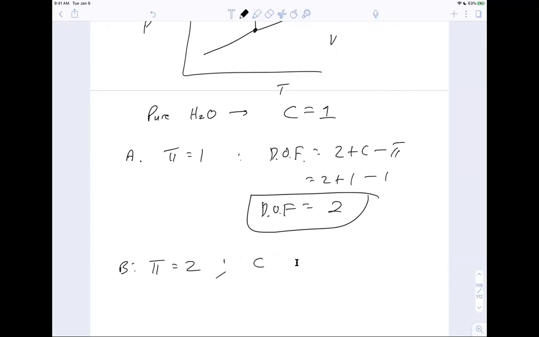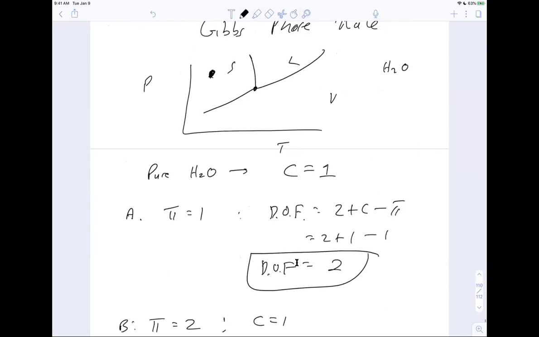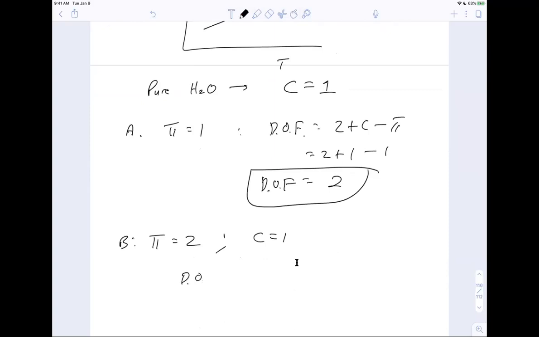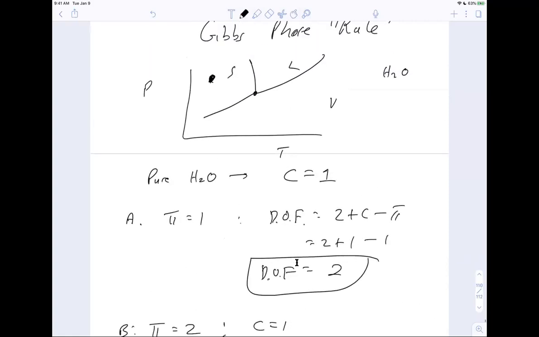Again, C is just 1. We're talking about pure water because this is our example phase diagram. So the degrees of freedom is equal to 2 plus C minus pi, which is equal to 2 plus 1 minus 2, and that's equal to, wow, 1. And that's exactly what we said when we looked at the plot.